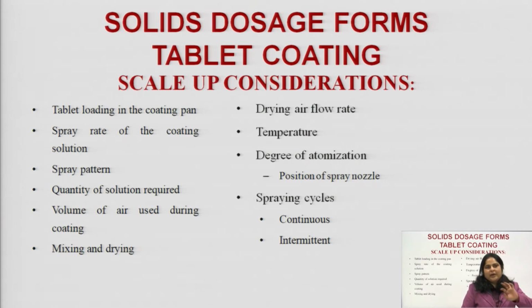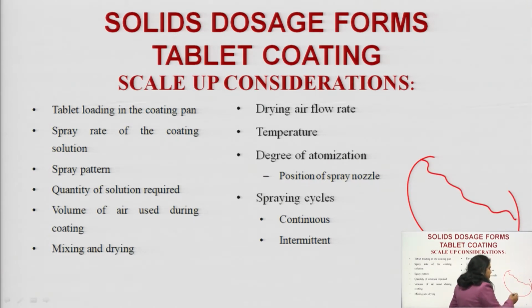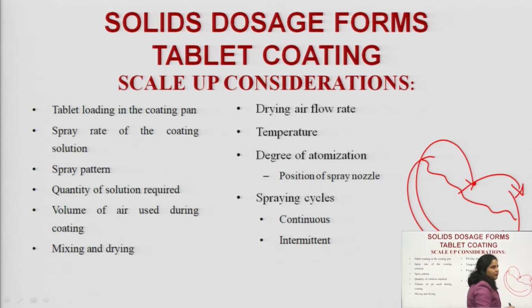By experimentation we have to optimize, because if we load more tablets, the pan will be filled up to the brim, and when the tumbling effect goes on and the pan rotates on its axis, these tablets can come out of the pan. The second thing is that the lower layers of the tablet bed can't receive the spray solution for coating. So ultimately we should decide what the tablet loading into the coating pan should be.